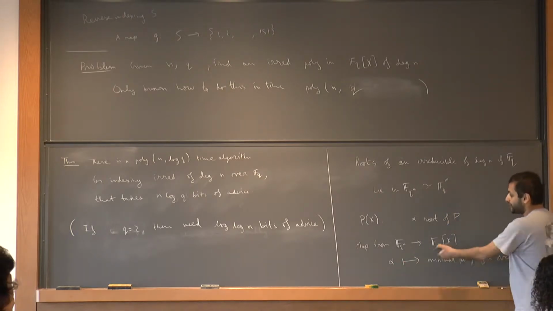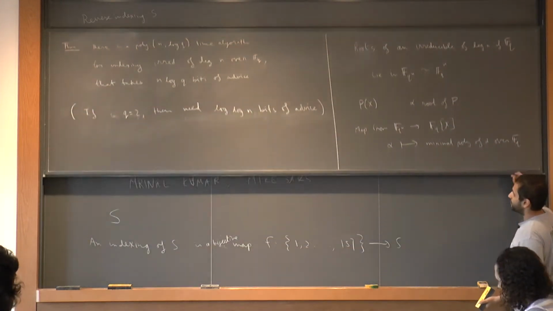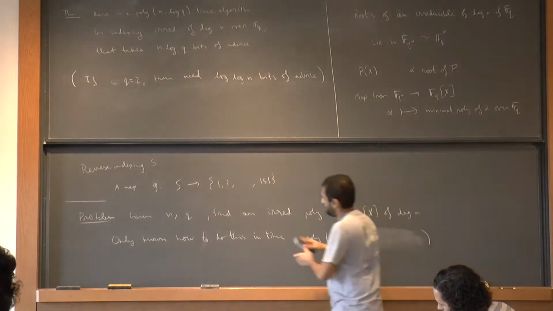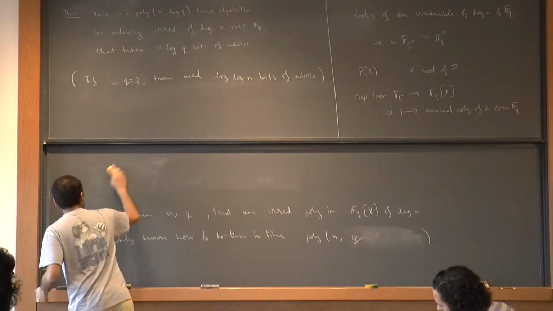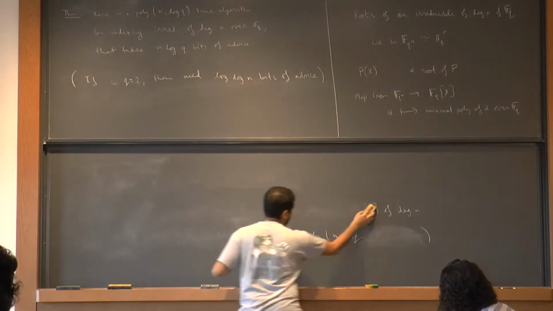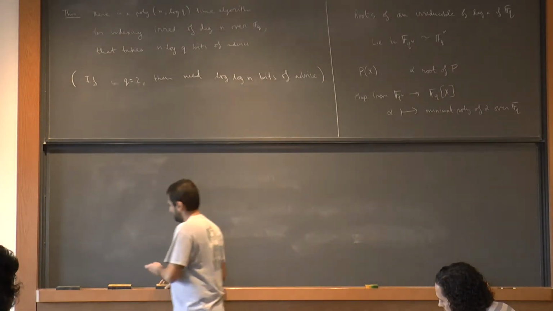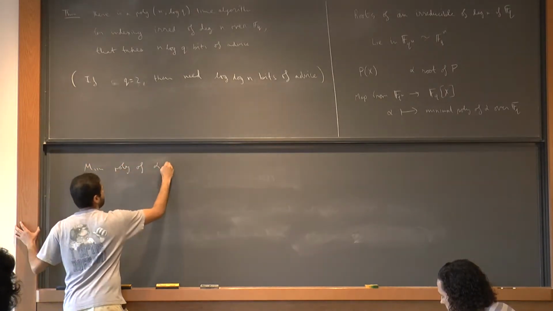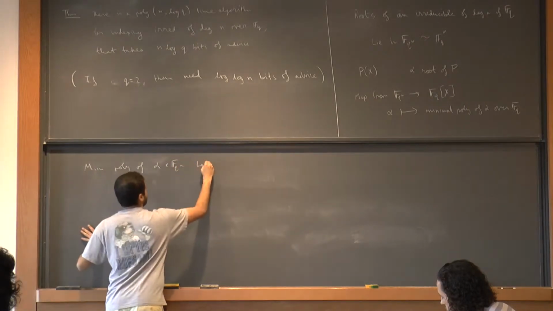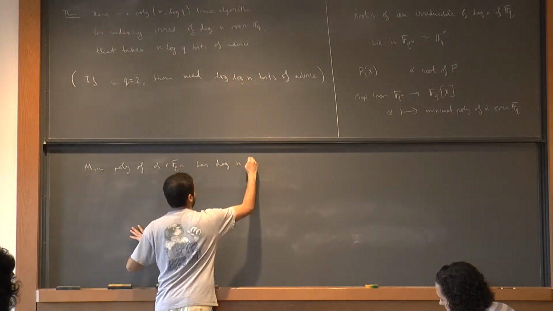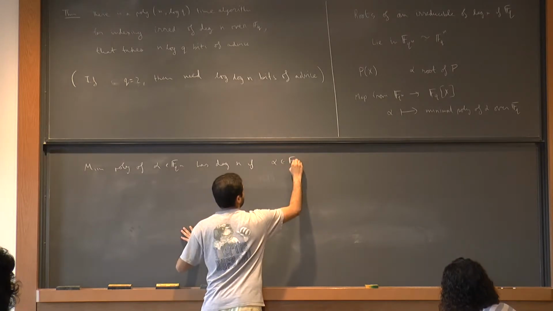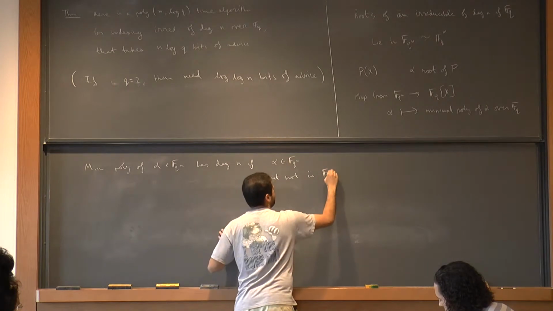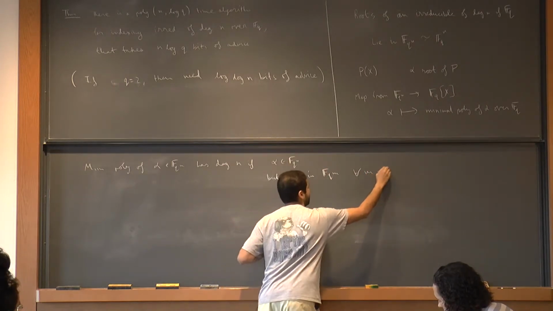Okay, so let's see what it takes for this to happen. The minimal polynomial of alpha in FQ to the n has degree n if alpha is in FQ to the n but not in FQ to the m for all m less than n.